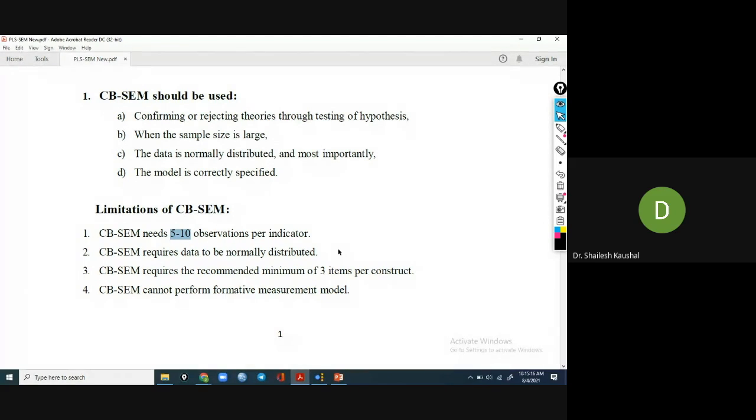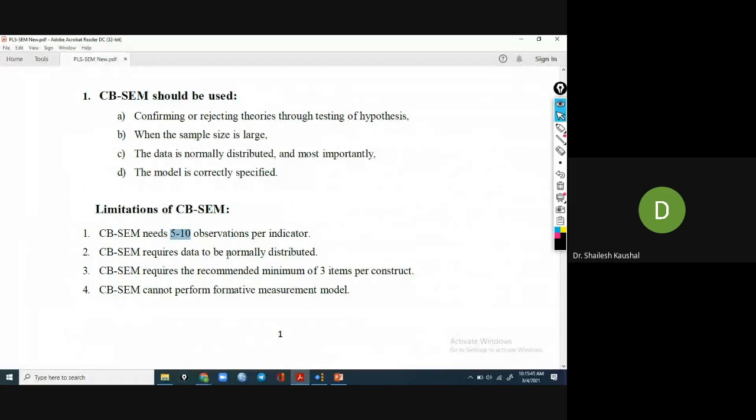Although my sample size may be below the 10 ratio, the desirable sample size is a 10:1 ratio. If you are taking 5 indicators, then the sample size should be 10 times that. But if your sample size is less than 10 times, we can still perform it, but it should be 5 to 10 observations per indicator.